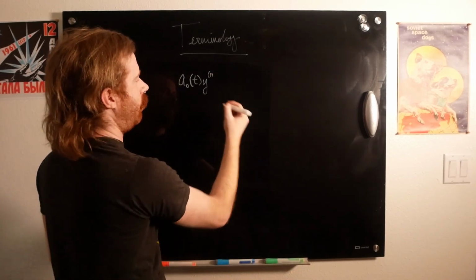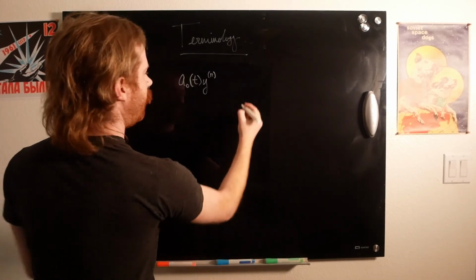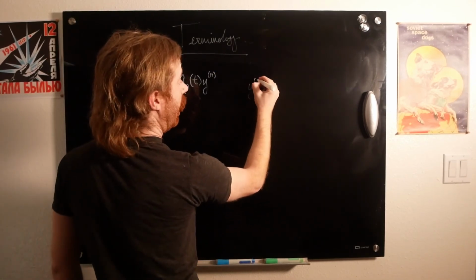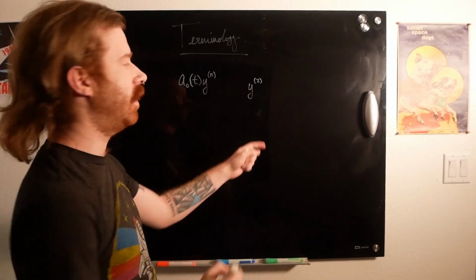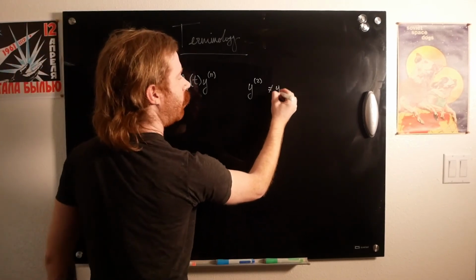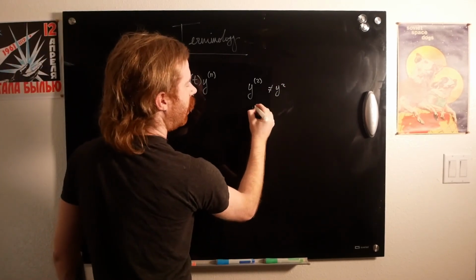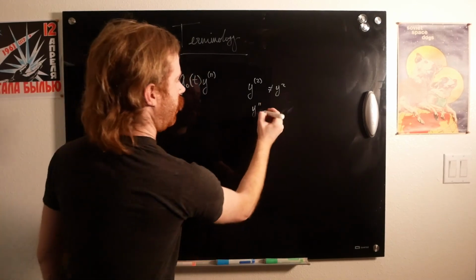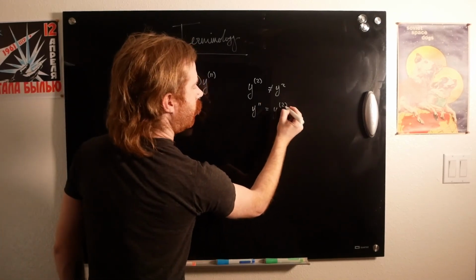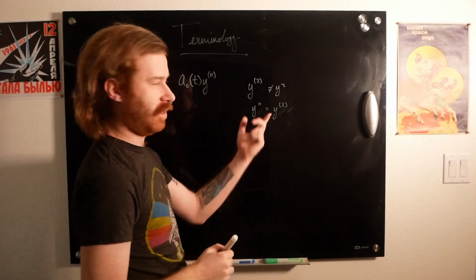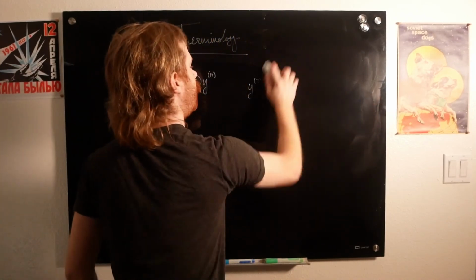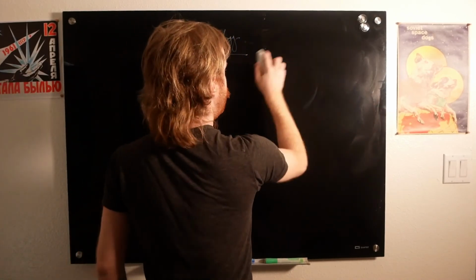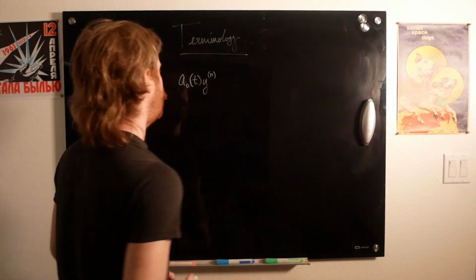You can write derivatives like the second derivative of y like this. That's not y squared. It does not equal y squared. What that equals is y double prime. That's a notation, just so you're aware of that. It's very important not to get that confused here.